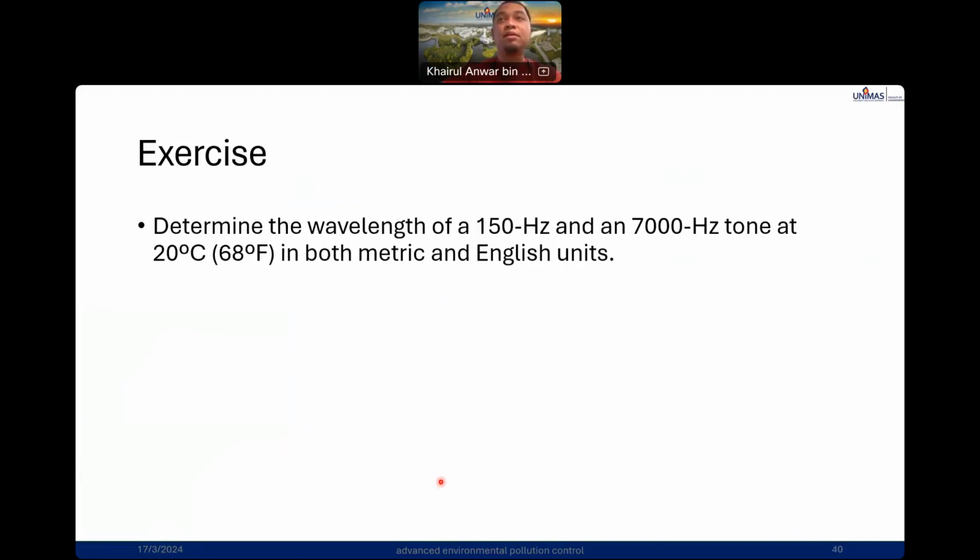What you need to do is just change the f. So lambda is c over f, where c is a constant number over f.